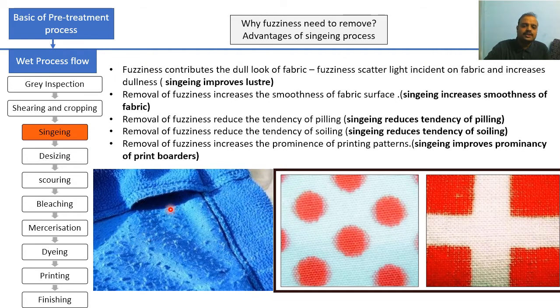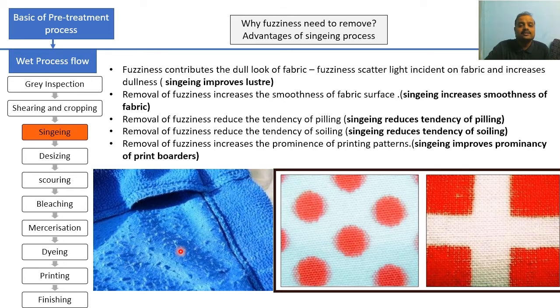Fuzziness means hairiness. If hairiness is present in the fabric, what will happen? It is quickly soiled. Soiling means it can attract dirt and become dirty more frequently. Why? The dirt can easily get entrapped in these hairs and the fabric gets soiled. What will happen if hairiness is not present?